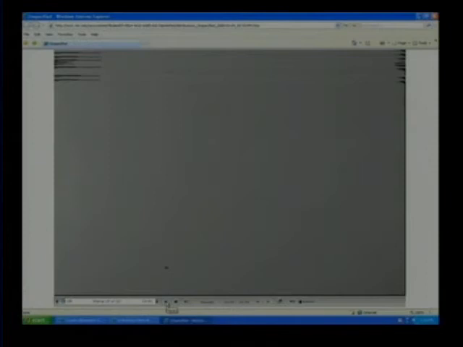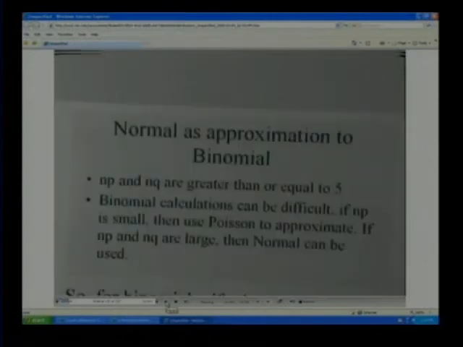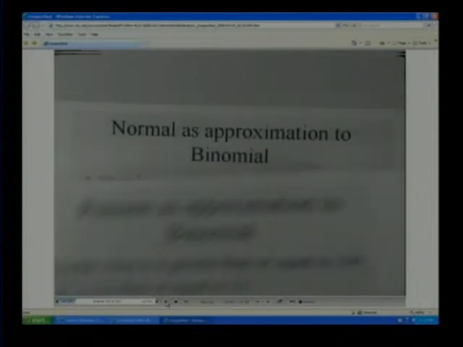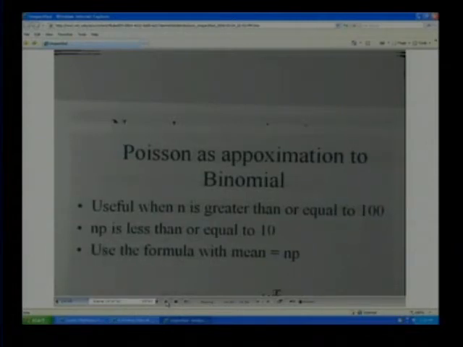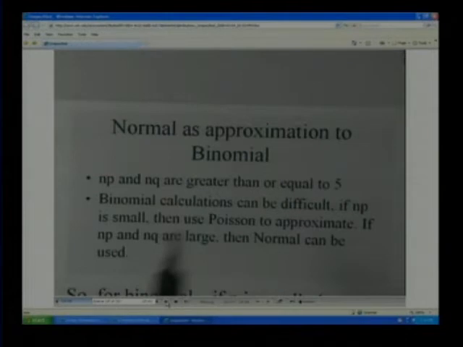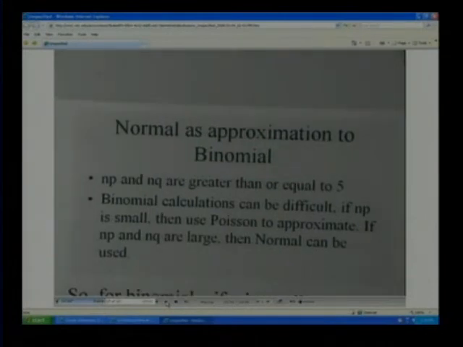To the binomial. Now again, we talked about the Poisson as an approximation to the binomial, but we had NP less than or equal to 10 and N greater than 100. When we do the normal approximation, we want NP to be greater than or equal to 5. So we can use the Poisson when the probabilities are really small, and we can use a normal when the probabilities are in the middle.